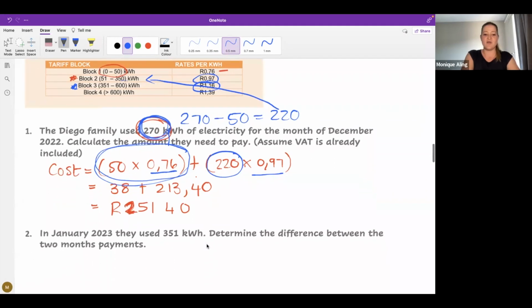Okay, guys, let me know your answers for question 2. You can let me know what the cost was for the 351 units, as well as the difference.